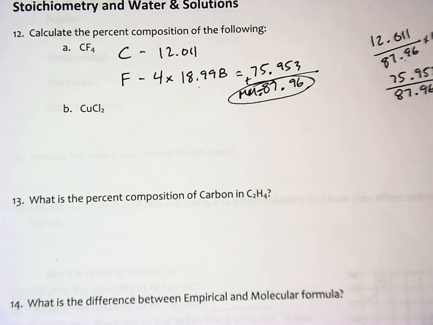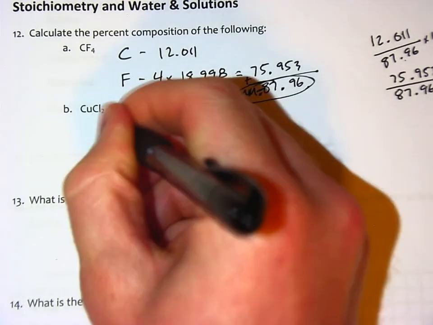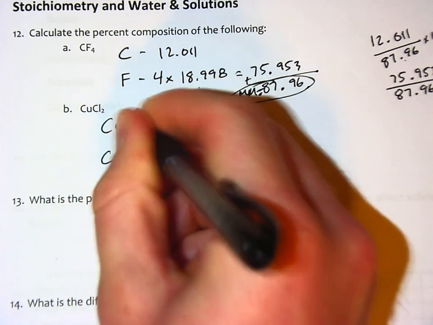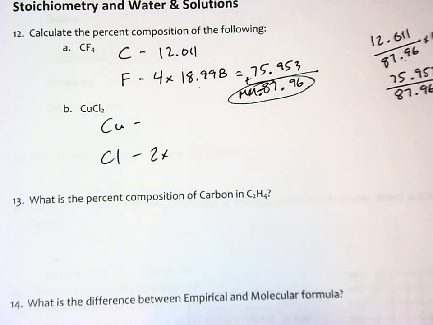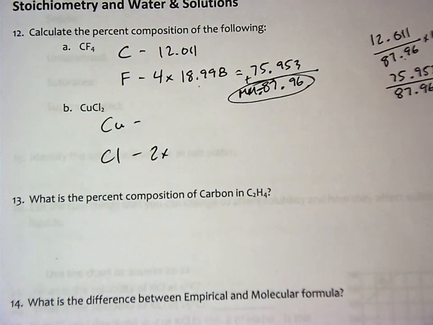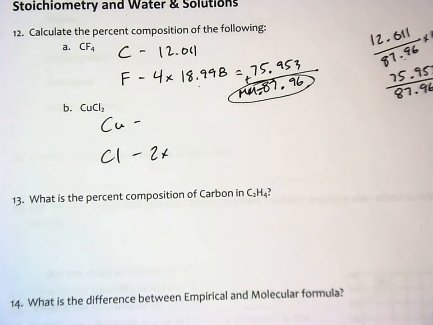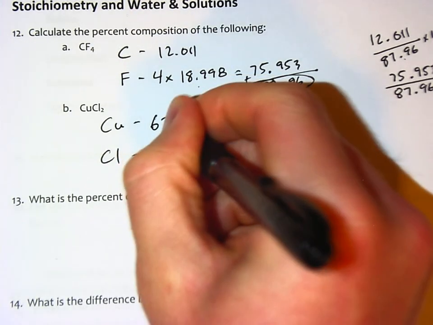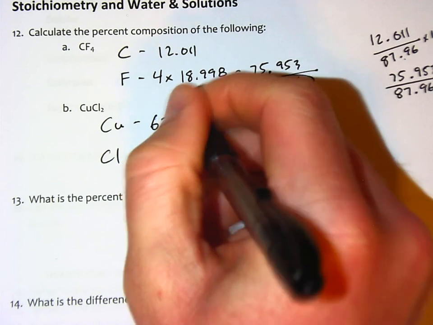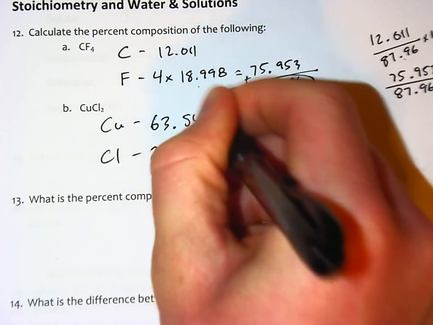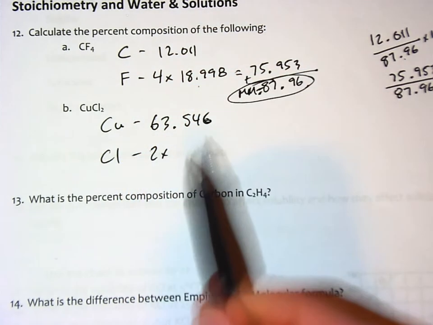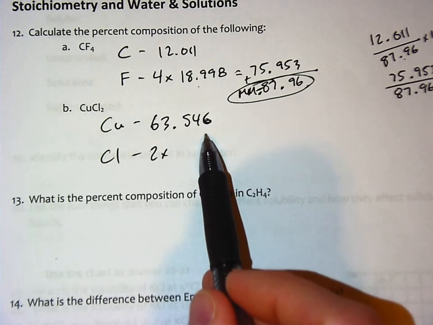Okay, so again here, for part B, I've got Cu, Cl. There's 2 Cl, so I'm going to have to multiply that by 2. So you just find the total molar mass. Here is 63.546, that's just straight from the periodic table, the mass of copper.